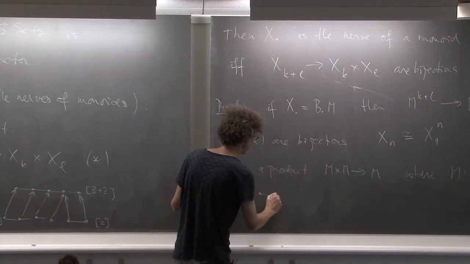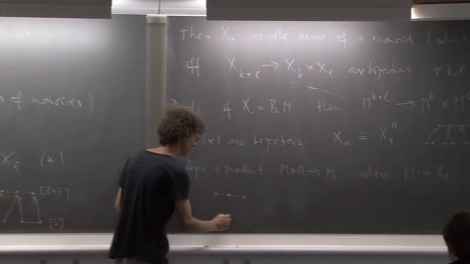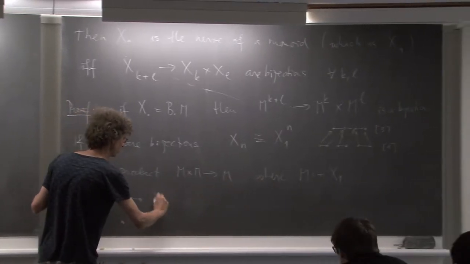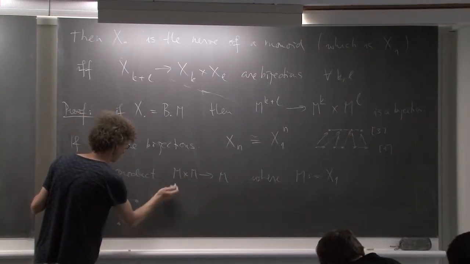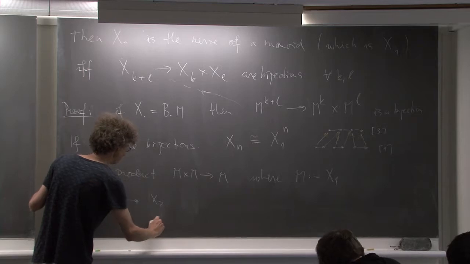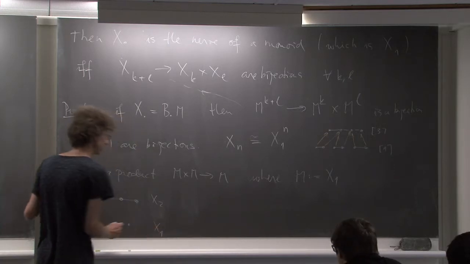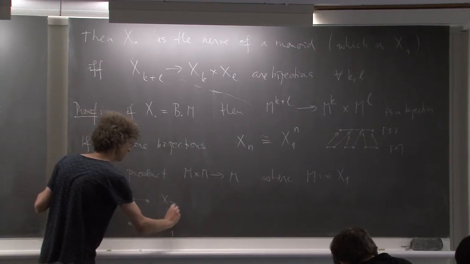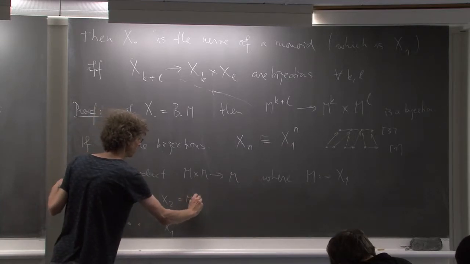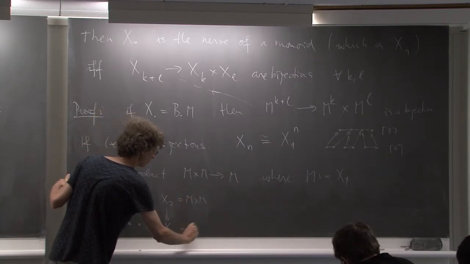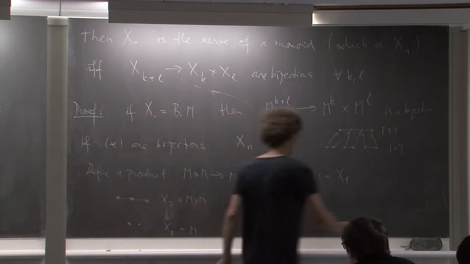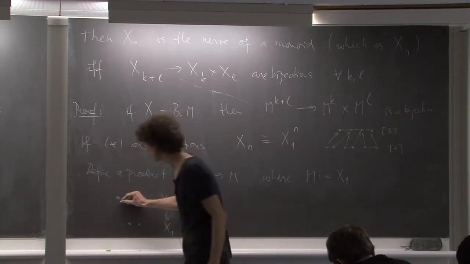We have this. We're going from X_2, sorry, to X_1. So we want to go this way, which is n times m. This is m. We go there this way.